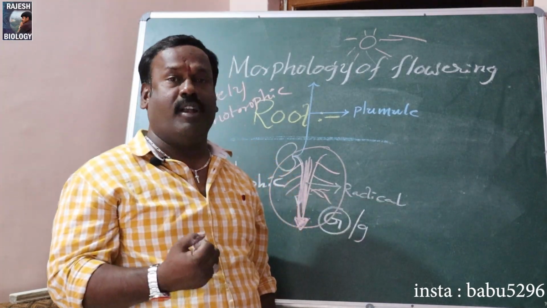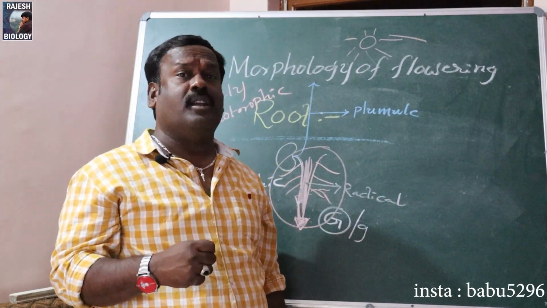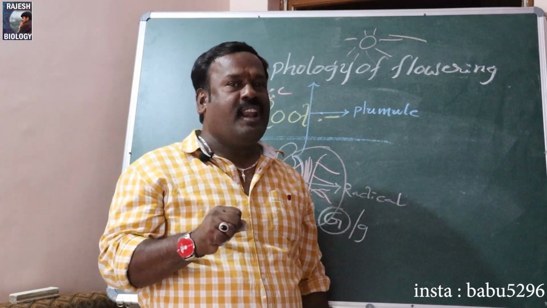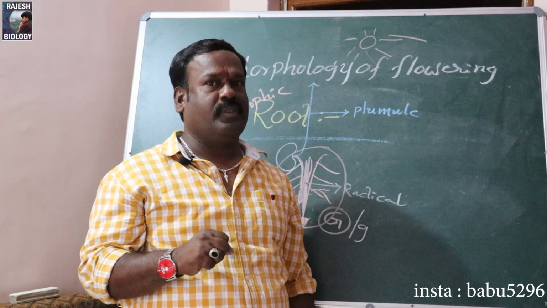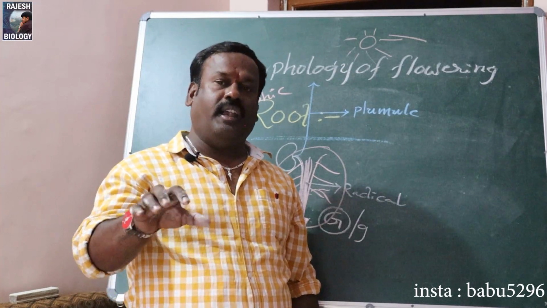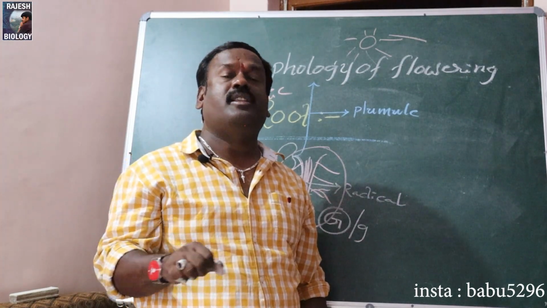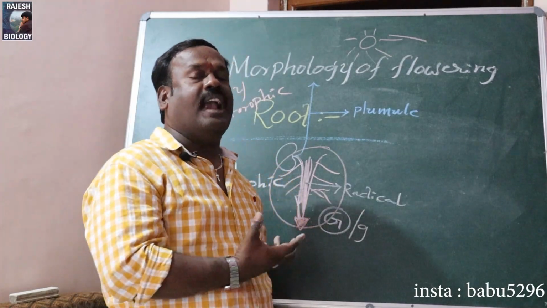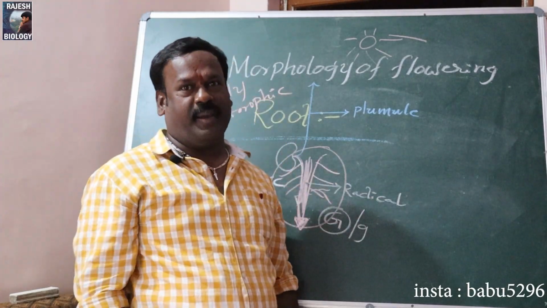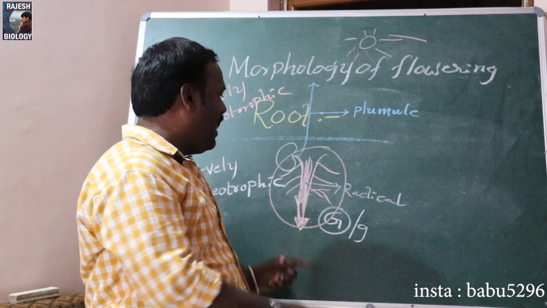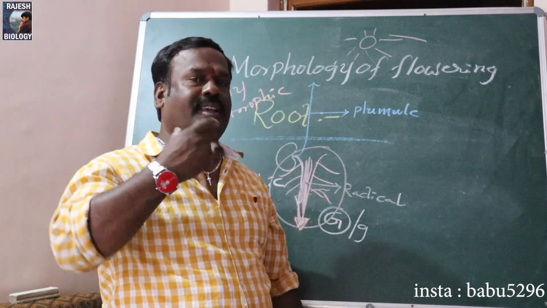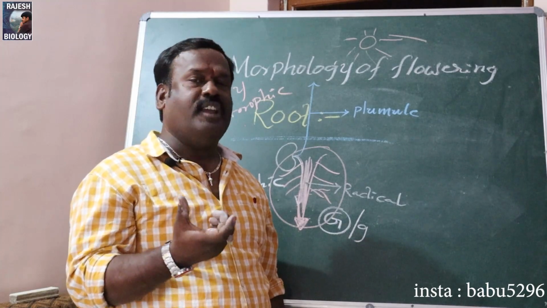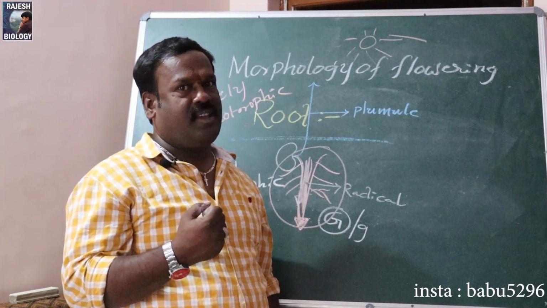One more function: it absorbs water and minerals from the soil particles and gives them to the plant body. Is it clear? Root is generally white or brown in color.